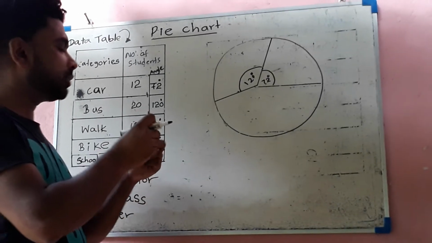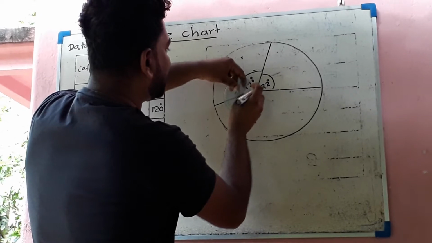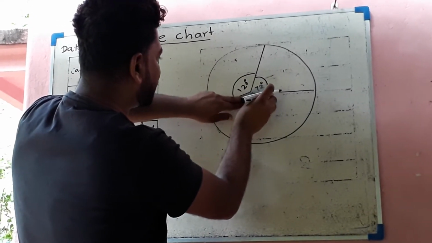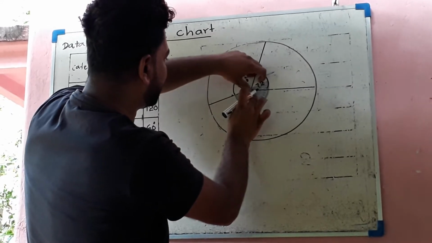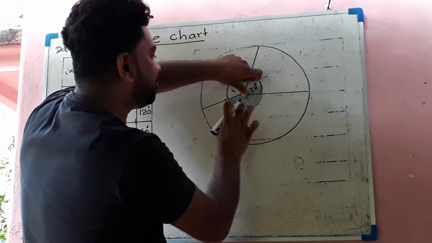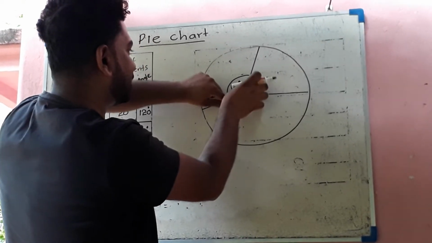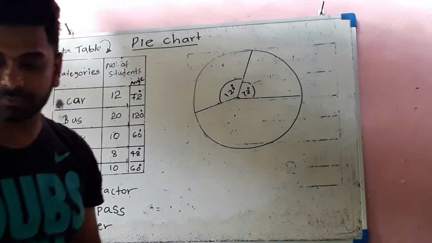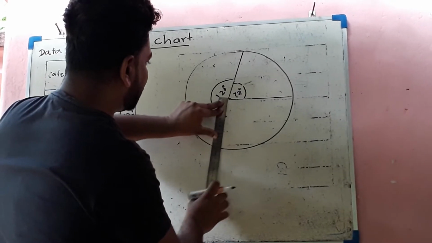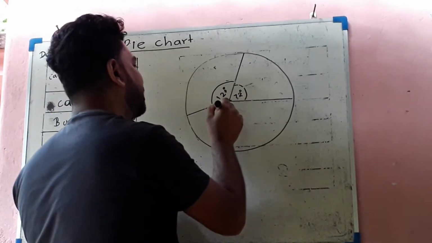Then for the walking students you need to draw a 60-degree angle. Keep the point on this line like this. 10, 20, 30, 40, 50, 60. 60 comes to this point. Now match this one. Then here 60.